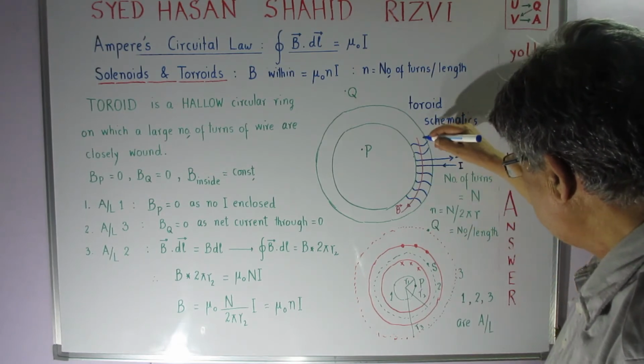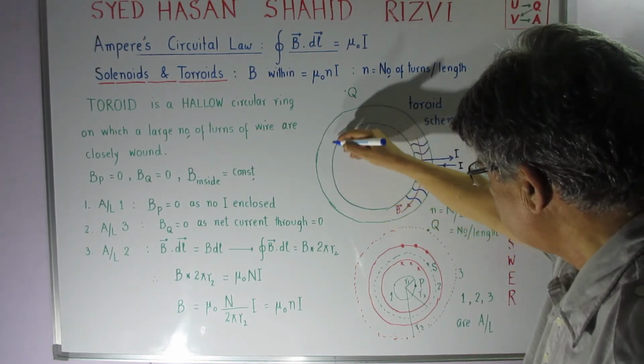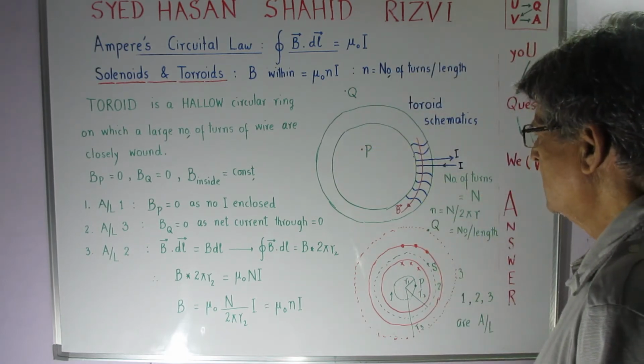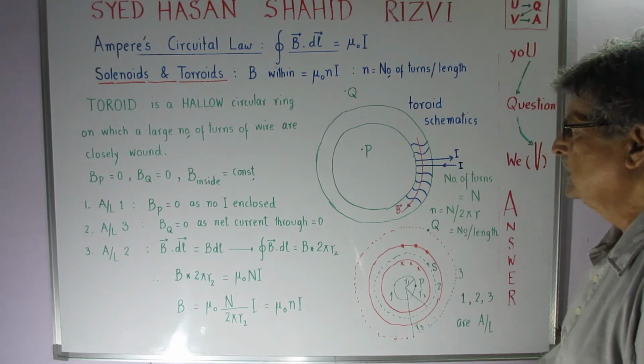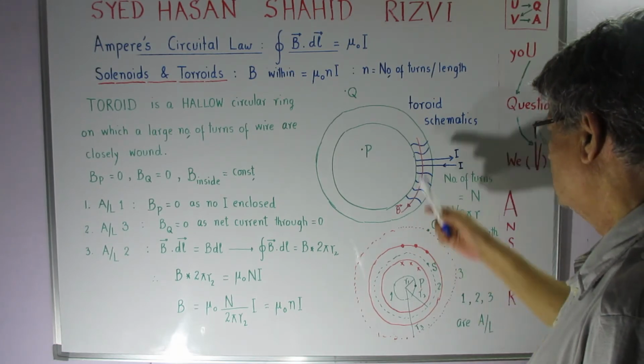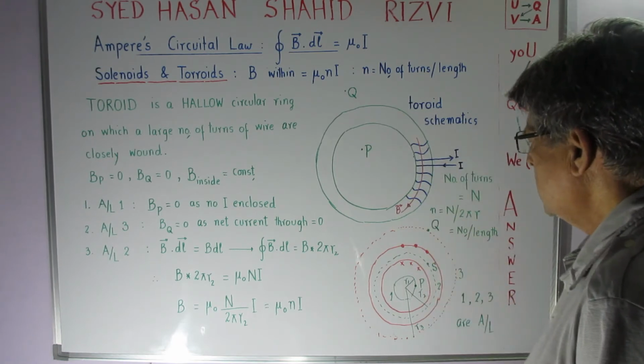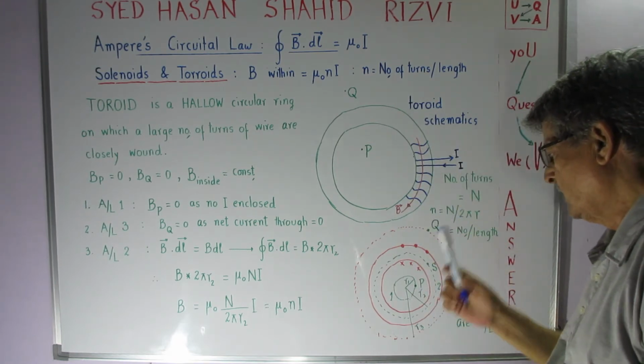The magnetic field is confined to within the inside of the tube, the hollow circular ring which constitutes our toroid. So field is here, and the wires are going around.